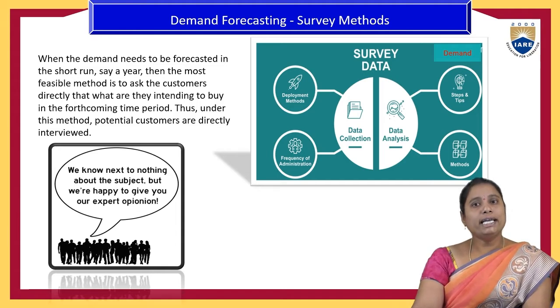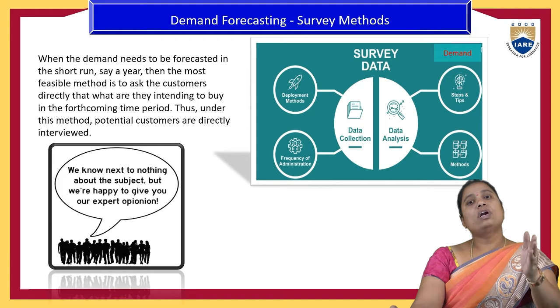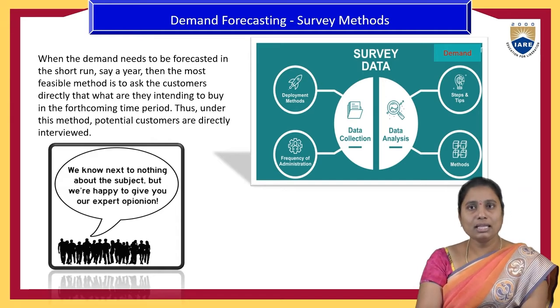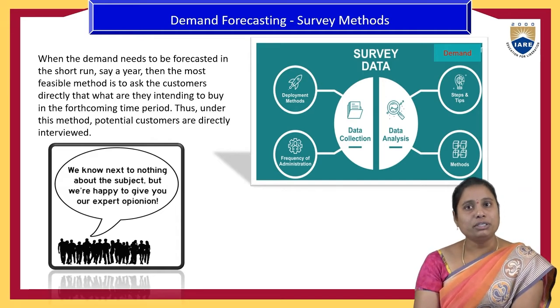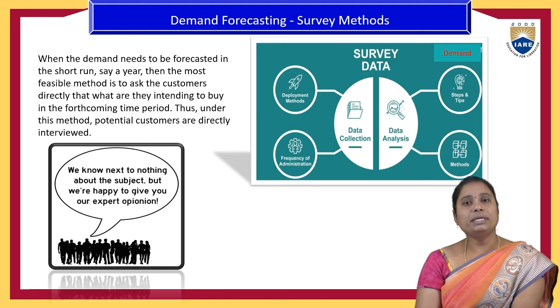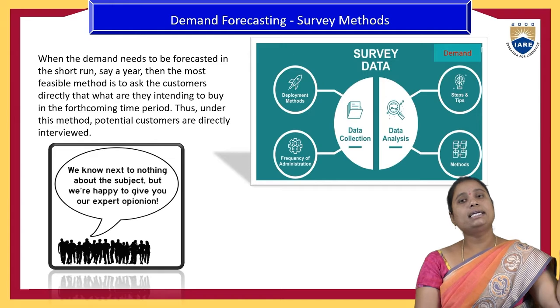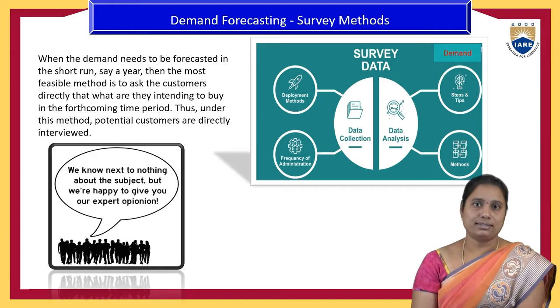Under the qualitative elemental factors, one of the ways of demand forecasting is survey methods. Survey methods mean knowing the opinions of the people for the target demand forecasting.